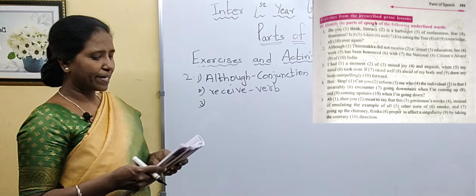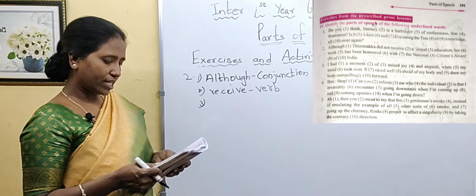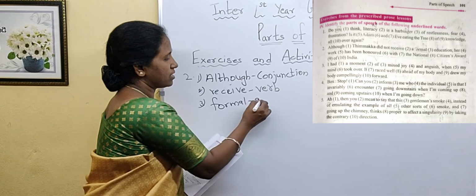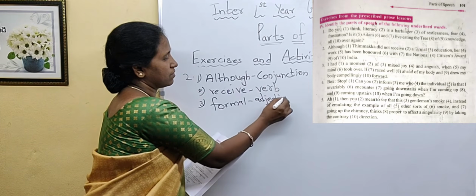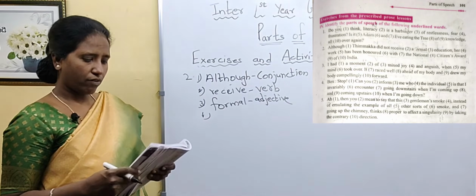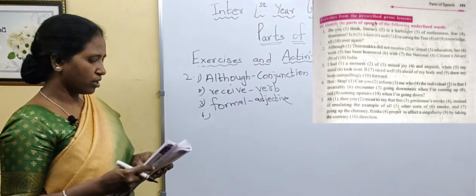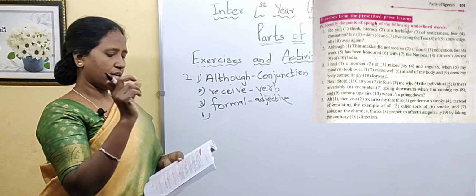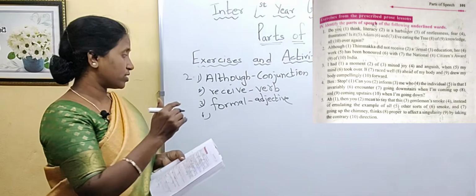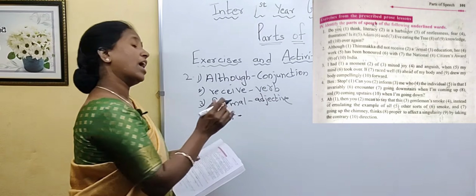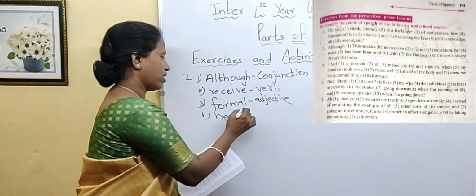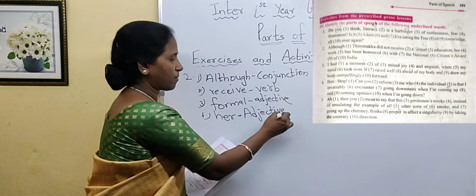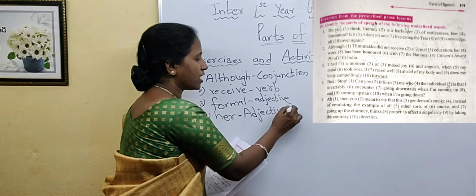Formal education. Immediately after formal, you have the noun education. So formal is an adjective. Formal education, her work. Here, after her, you have the word work. So her can be called an adjective in this context, and you can also say it is a pronoun. Her work, here her is an adjective because it is telling whose work. Or you can also call it a pronoun.